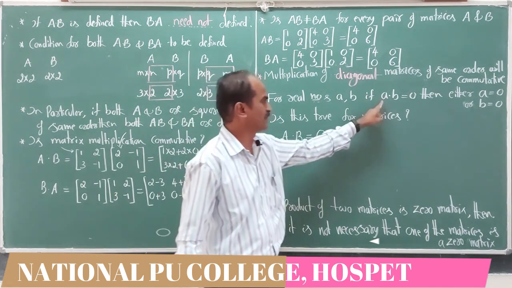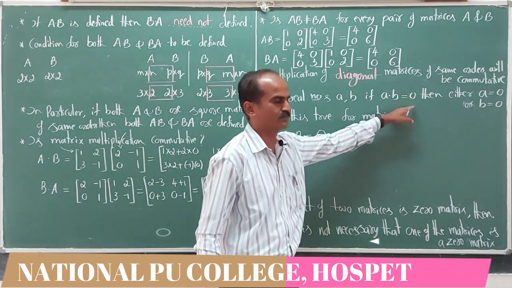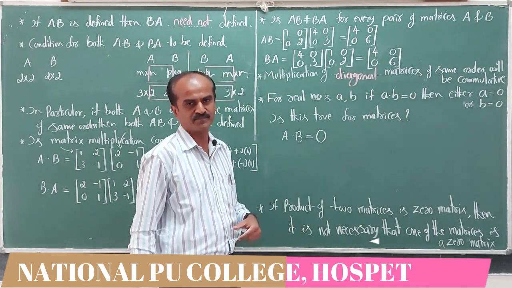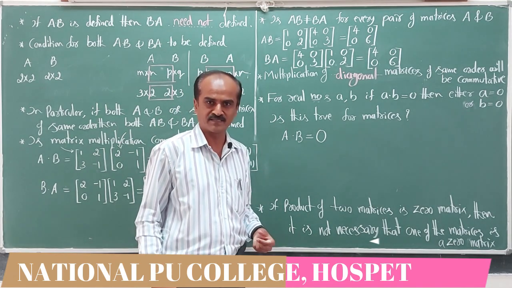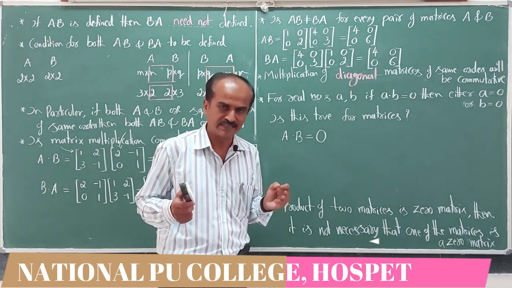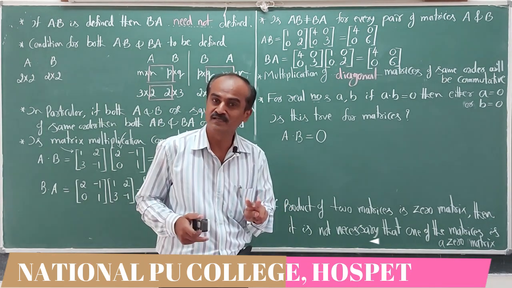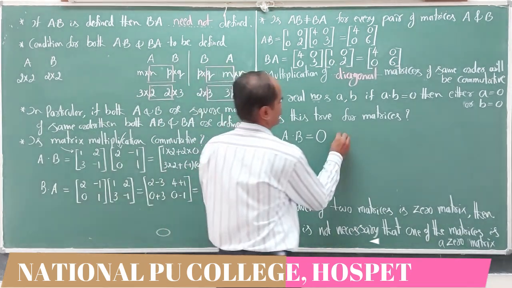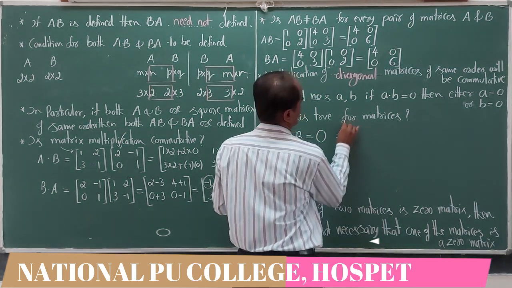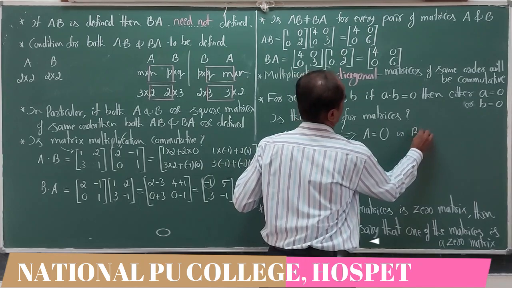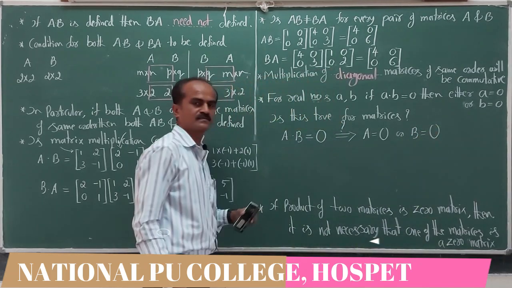Just like on multiplying two real numbers, I am getting 0. On multiplying two matrices, I am getting a null matrix. If the product is a null matrix, does this imply either of these two matrices must be a null matrix? Does this imply A is a null matrix or B is a null matrix?